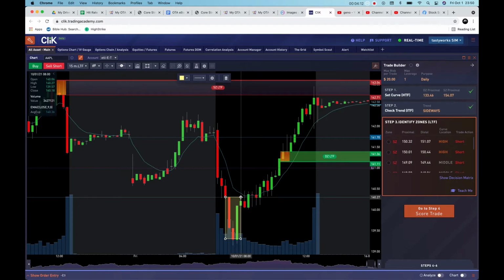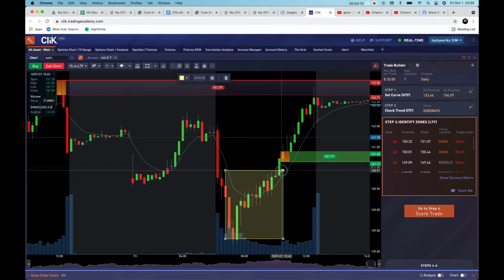Okay? Let's take a look at this section here. We have our leg up. We have some basing here. If you notice, all of these candles, this entire section, close within the range of one another. This candle closes here within the range of this candle.